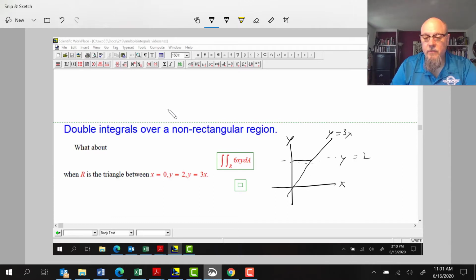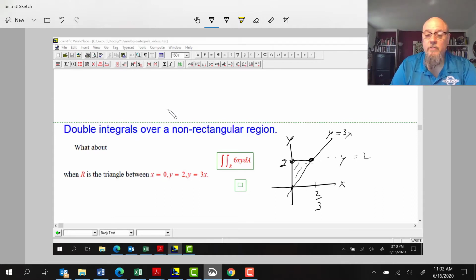So this is the triangular region that we're looking for. So that's 2. When y is equal to 2, x has got to be like 2/3, right? And so this is the region over which we're integrating. Not rectangular, so I have to be careful.